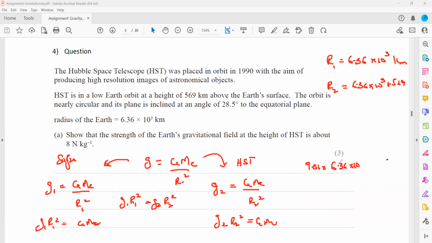Then we convert kilometer into meter, we multiply by 1000, so it will become 10 power 6 squared, equals the second gravity, which we don't know, times 6.36 into 10 power 6 plus 569 into 10 power 3, squared. This whole is multiplied, the other side will be divided. So we'll get the value of the gravity at the space telescope, which is about 8.26 Newton per kilogram. Is this part clear?